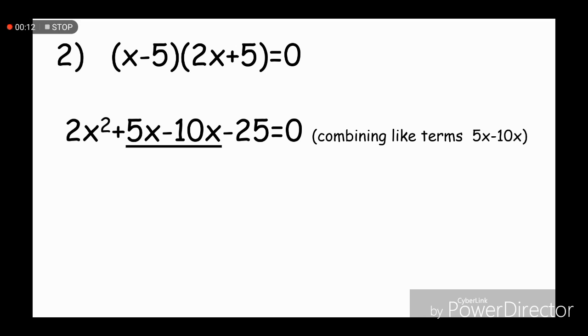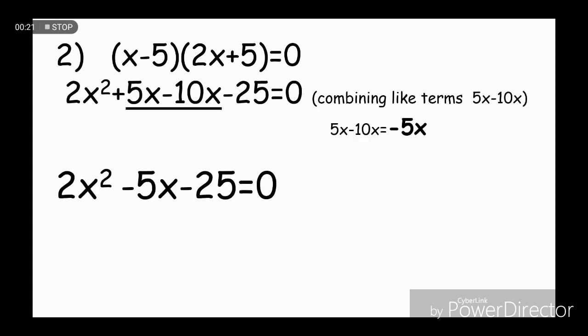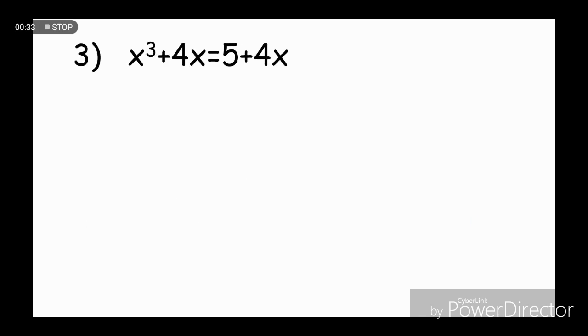The like terms are 5x and negative 10x. So what is the answer? The answer is negative 5x. That's why it is 2x squared minus 5x minus 25 equals 0. So therefore, class, it is a quadratic equation.